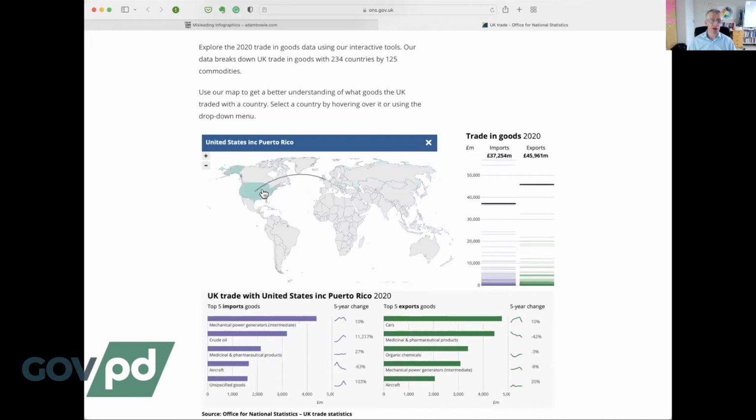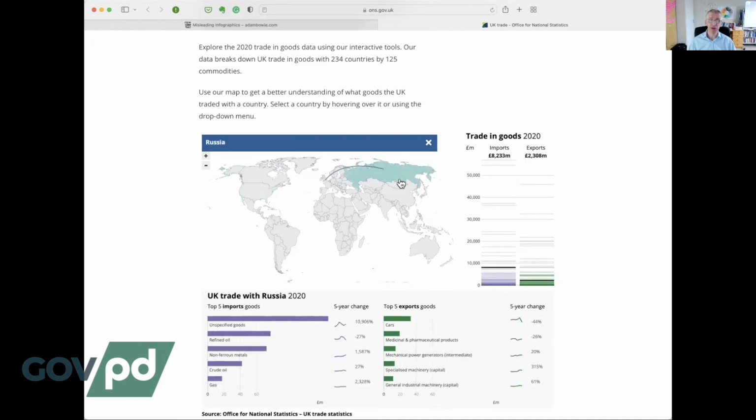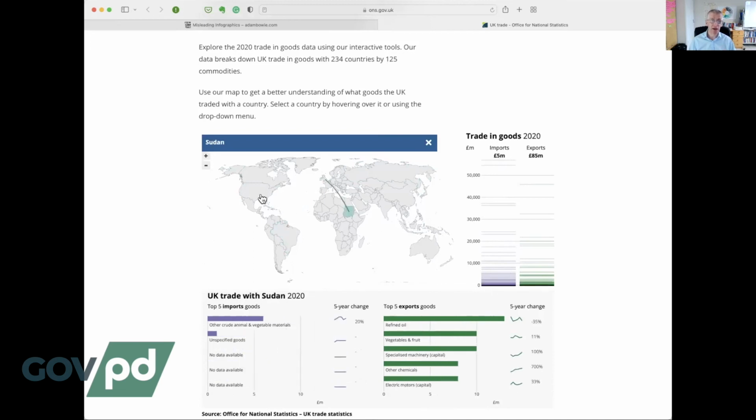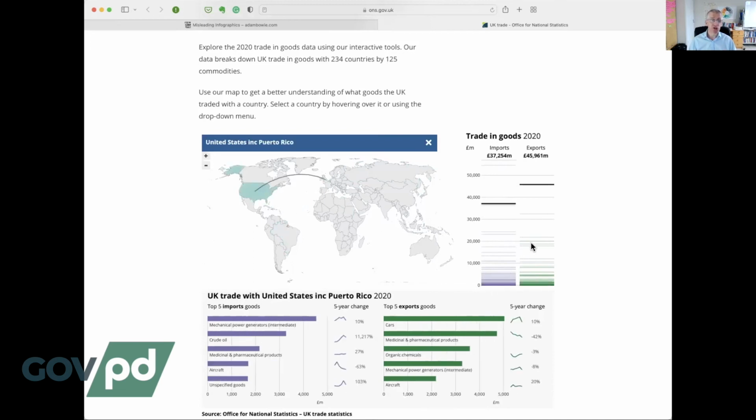Quite helpfully starts with an interactive map that you can click on because it's a familiar form for the data we're talking about, geographical location, but then supports that comparison of the size of imports and exports by the use of these bar charts, small spark lines after them, and these strip charts here to put any individual country, the black line, in context with the imports and exports we have from all countries around the world.